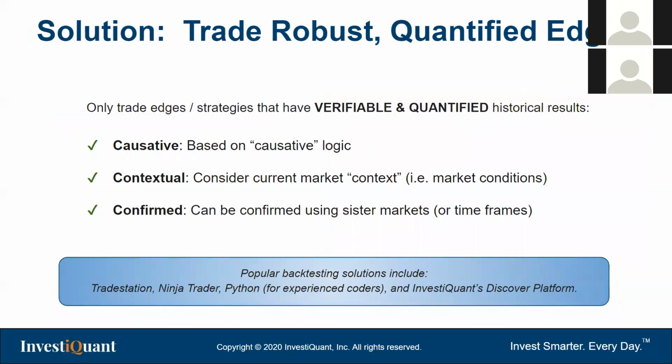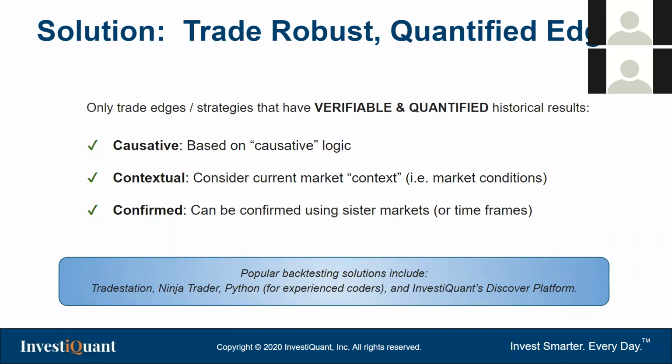So the solution is to trade robust quantified edges, and you get that data by doing lots of testing and digging into the data. So only trade edges and strategies that have verifiable and quantified historical results.